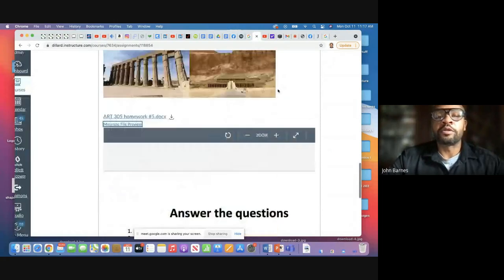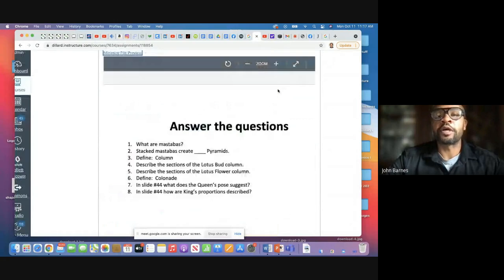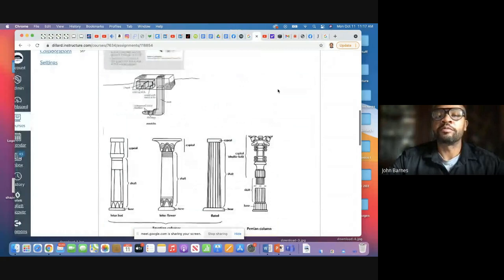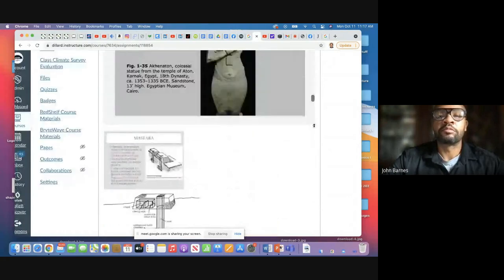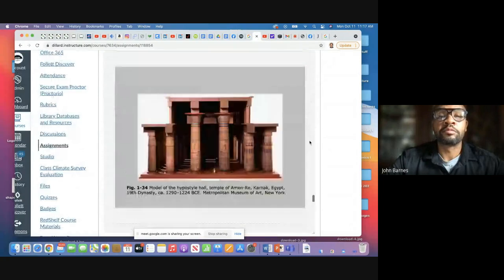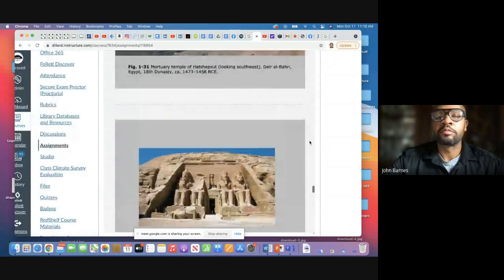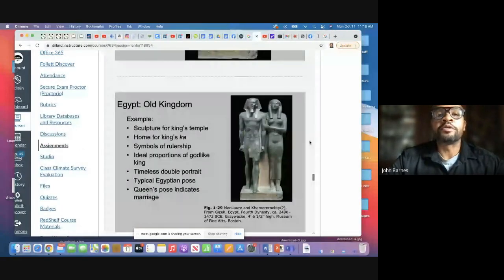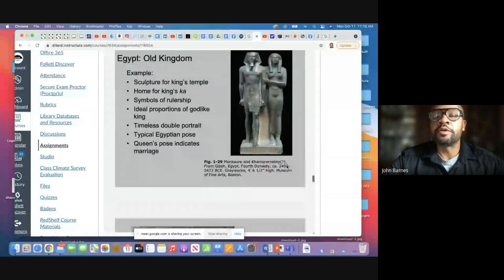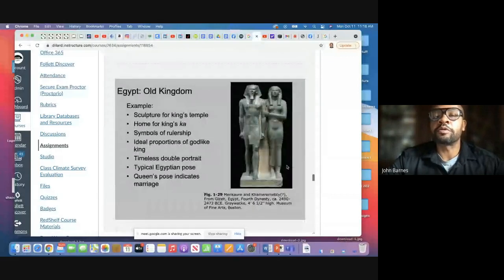And what does the Queen's pose suggest in slide 44? Let's go to slide 44. Okay, so this is slide 44 from the Old Kingdom. Her posture represents support of her husband.